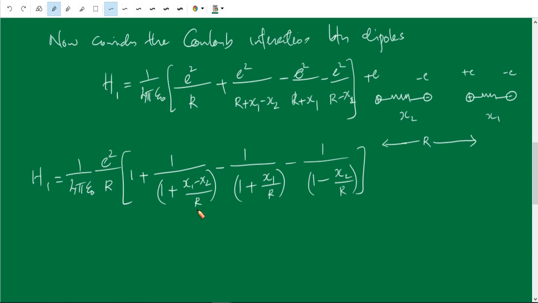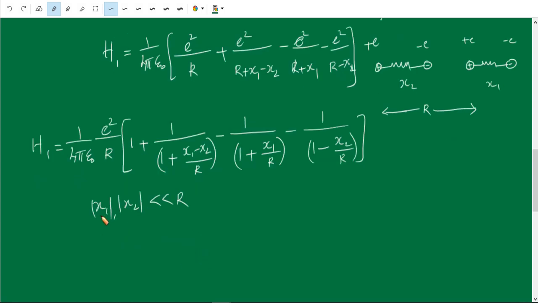We can use the Taylor expansion for this, expanding these terms, in the approximation that mod x1 and mod x2 are very small compared to the internuclear distance r.